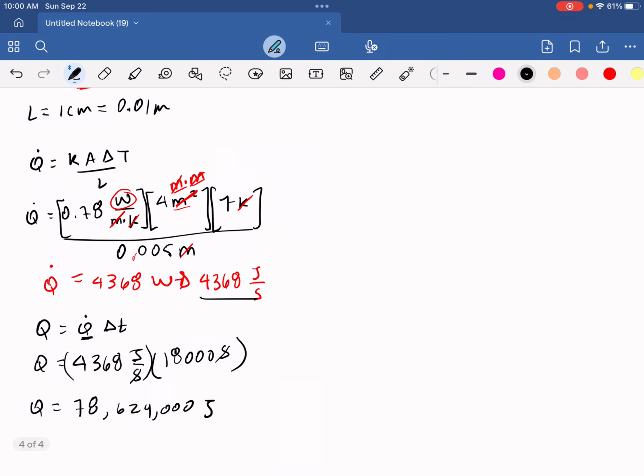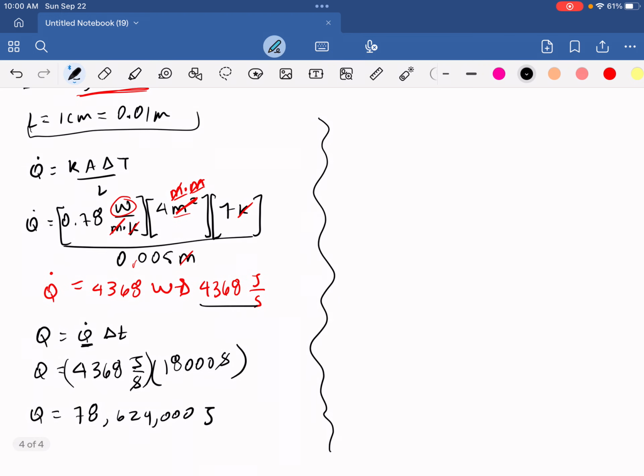I want to move on because now I want to try it out with that one, which will be the second part of this problem. I'm essentially going to do the same thing. I'm going to use the formula Q dot is equal to K A delta T all over thickness. Everything's going to be the same except for the thickness.